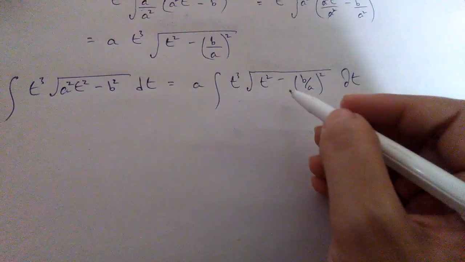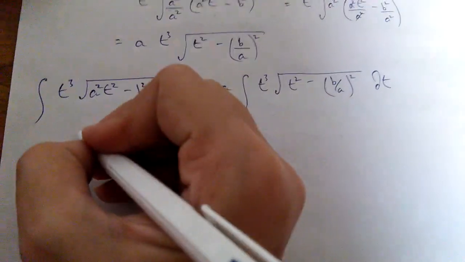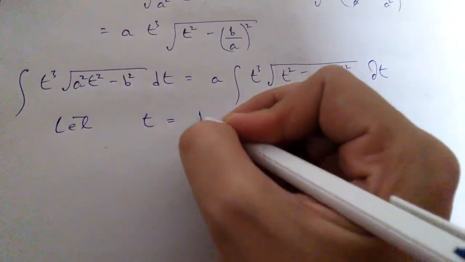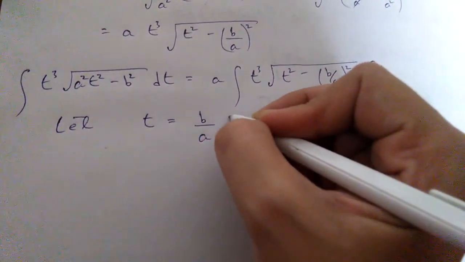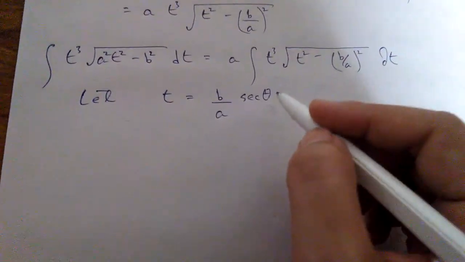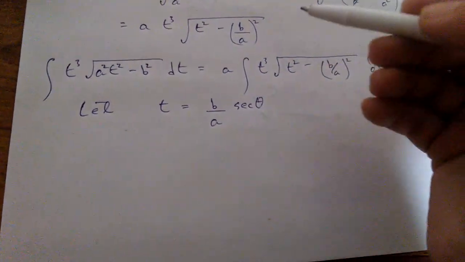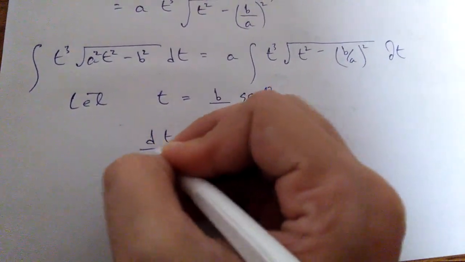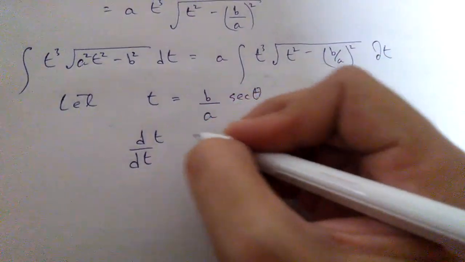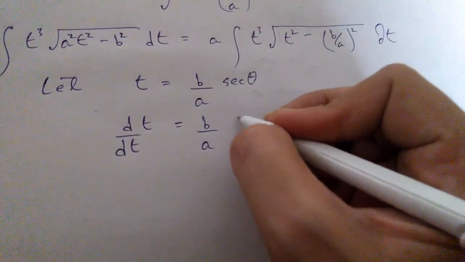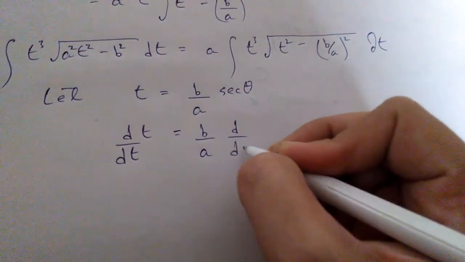That's it. Now I'm going to replace my t. Let t be equal to the constant times sec theta. Now I'm going to differentiate both sides with respect to my original variable, which is t. b upon a is a constant value, so it is going to be written before the differential operator.